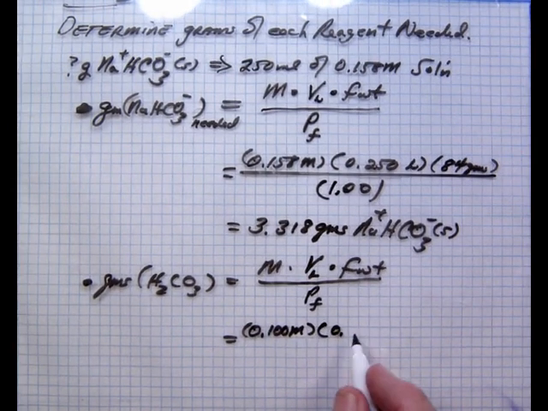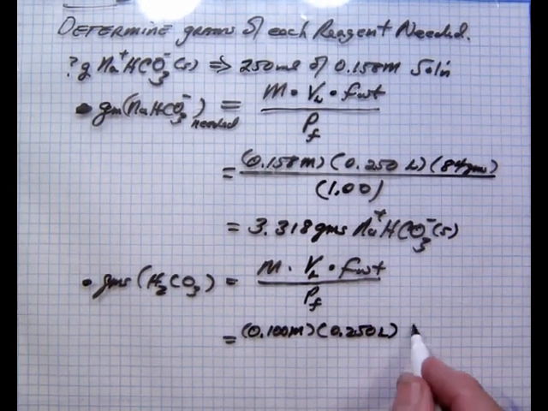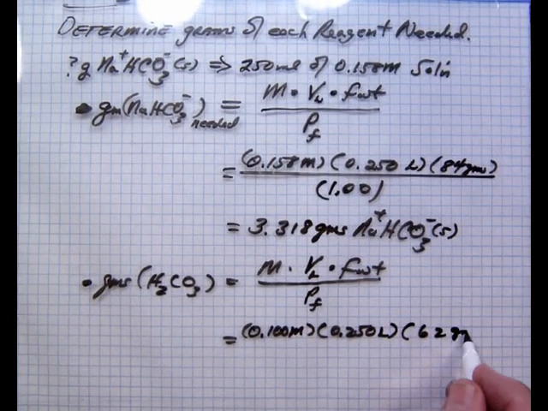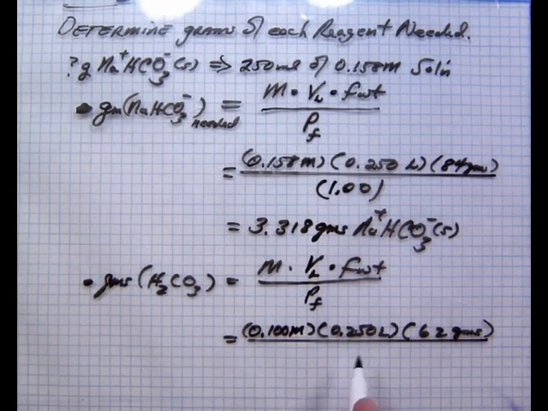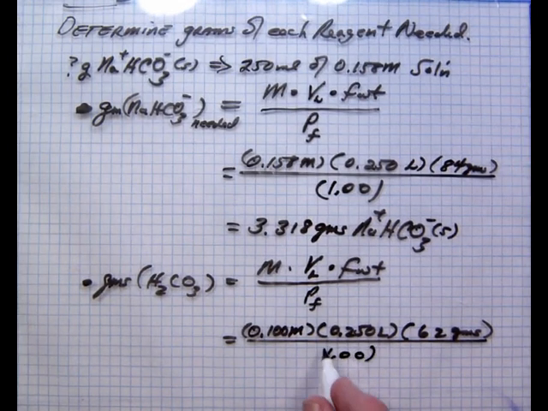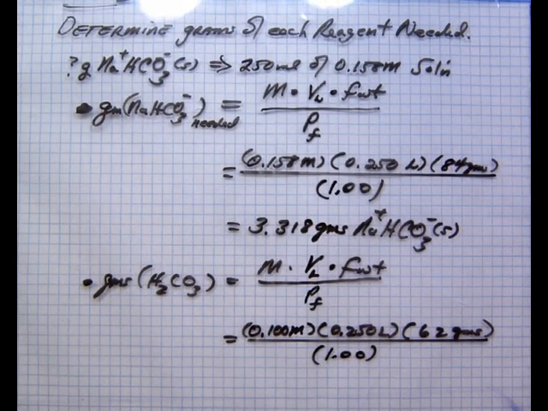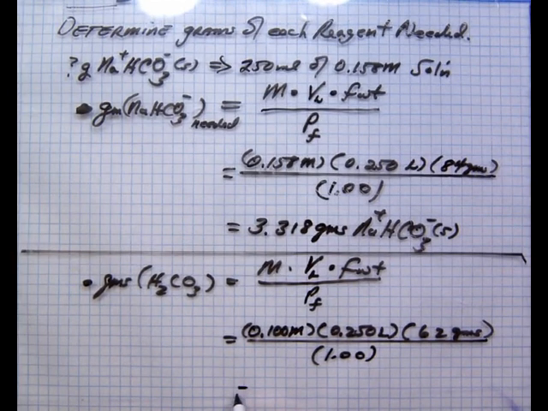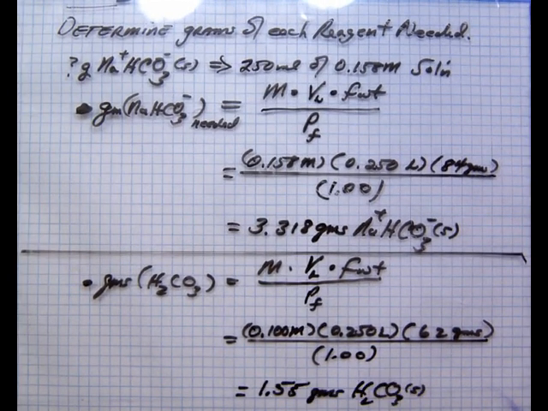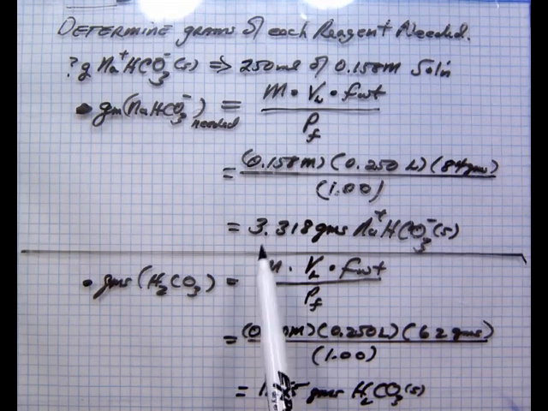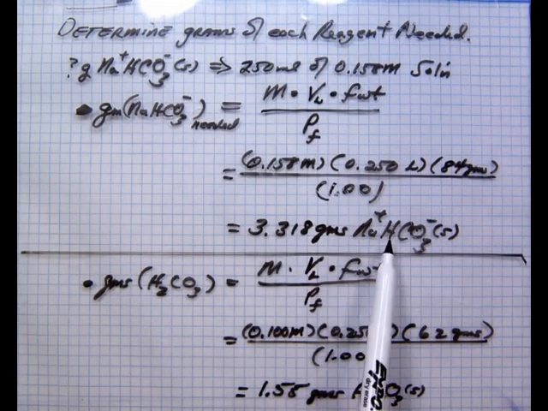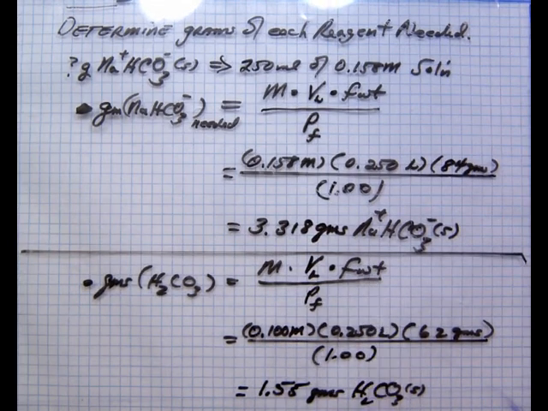We still want the 0.250 liters, and it's 62 grams per mole. And we'll say again the purity factor is 1.00 for that one. Separate the two to be sure you see them clearly. So your job is to weigh out 3.318 grams of sodium bicarb or hydrogen carbonate and 1.55 grams of carbonic acid. Pour them in a beaker and dilute up to, but not to exceed, 250 mils, and you'll have your buffer made.